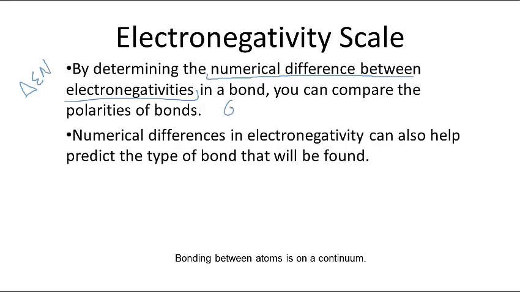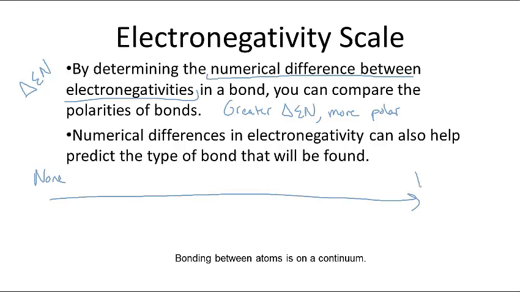So greater change in electronegativity, more polar, until you get to ionic. And numerical differences can help predict the type of bonds that will form. So let's just say we have none here to huge here. And we'll do small and large.